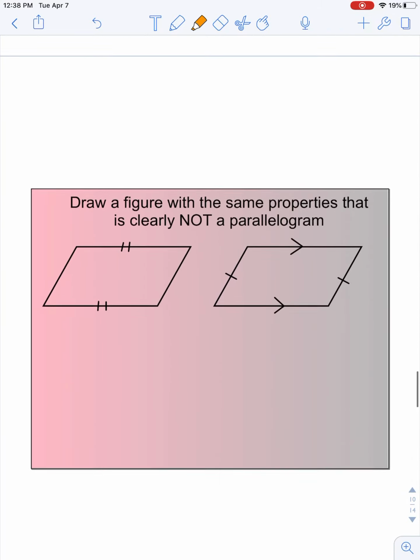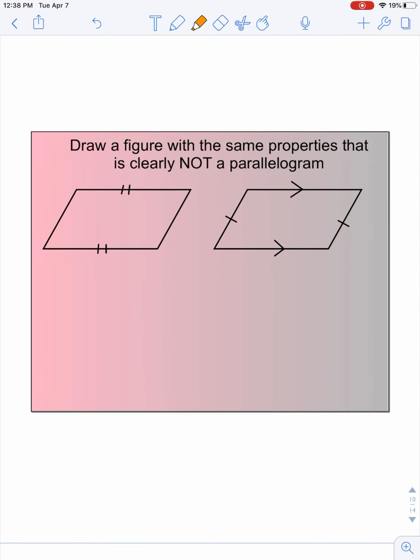So moving forward, and applying the information that we had, it says draw a figure with the same properties that is clearly not a parallelogram. Well, all we're given here is that these two sides are congruent. So I can have two congruent sides like this, but have them more offset.